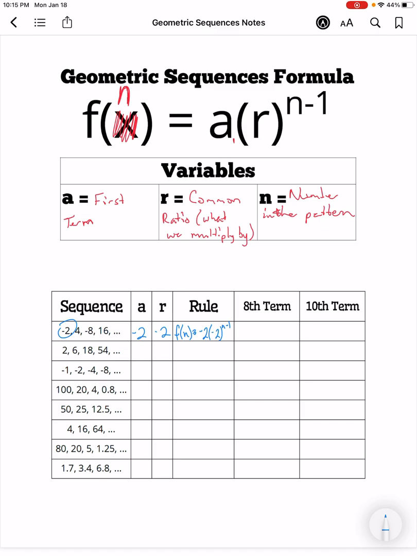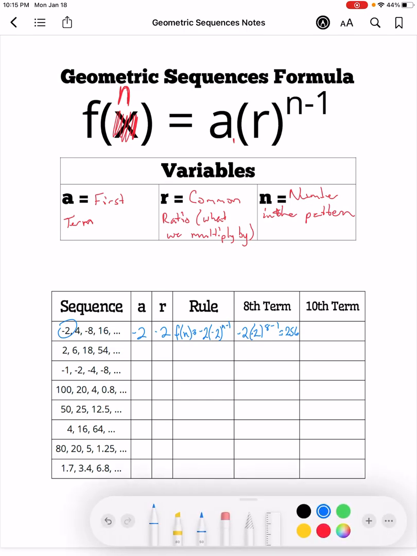All right, and then when we go over here to find the 8th term, it's -2 times -2 to the 8 minus 1, or the 7th power. And then the answer to that would be 256. We would do the same process to find the 10th term.